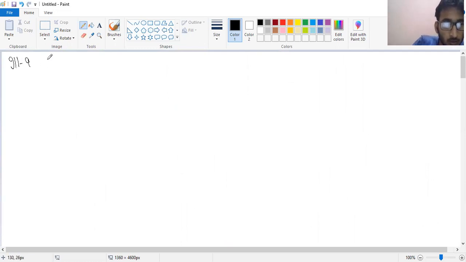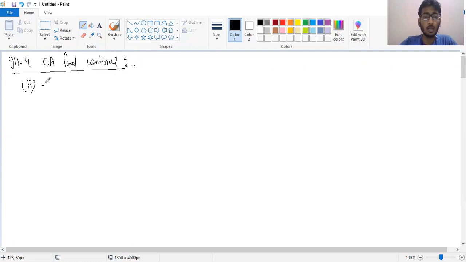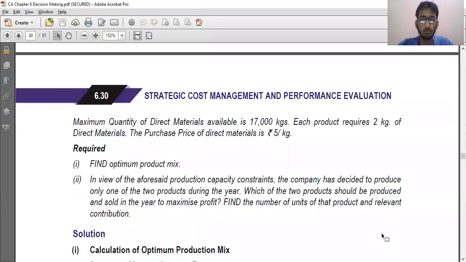Illustration 9, CA Final, continued. The second part: in view of the aforesaid production capacity constraint, the company has decided to produce only one of the two products during the year.